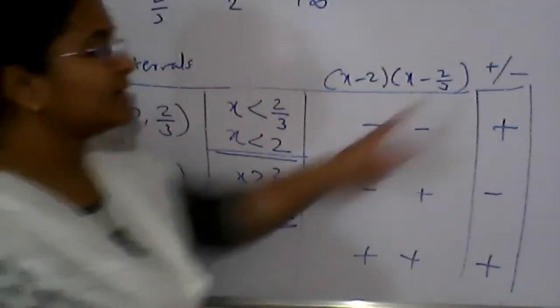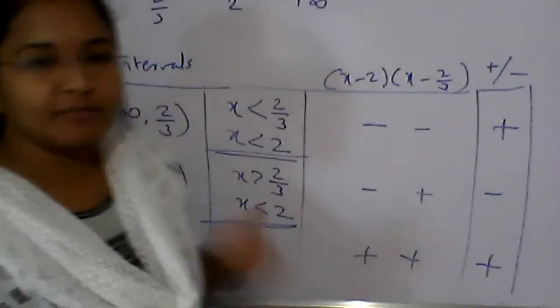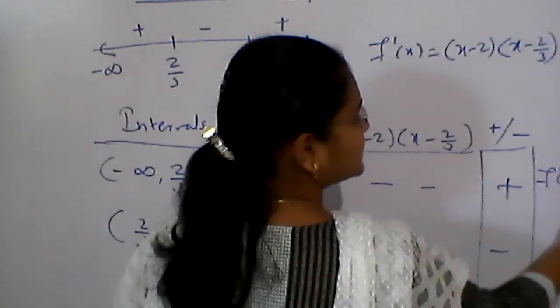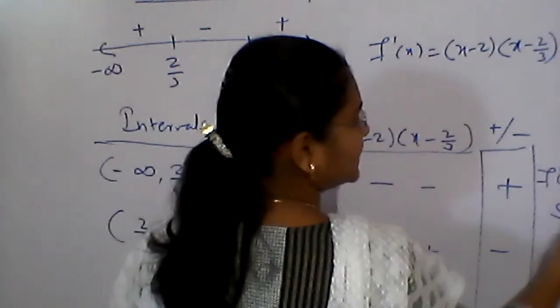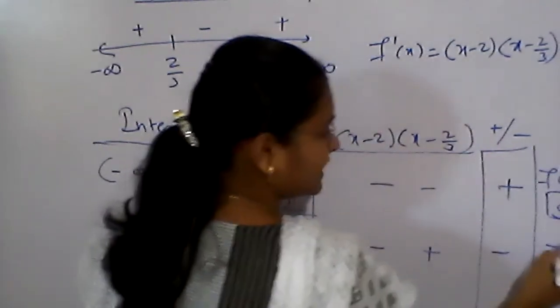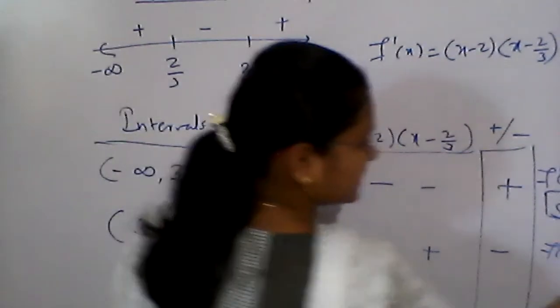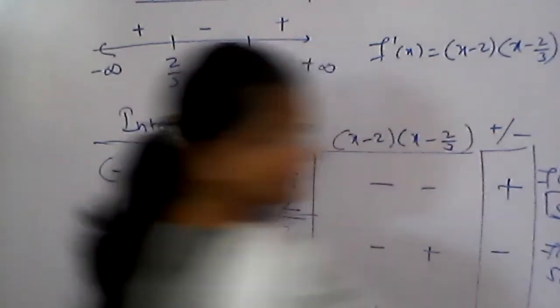Wherever f dash x is positive, the condition is f dash x greater than 0, which means the function is strictly increasing. Here f dash x is negative, meaning f dash x less than 0, so the function is strictly decreasing.